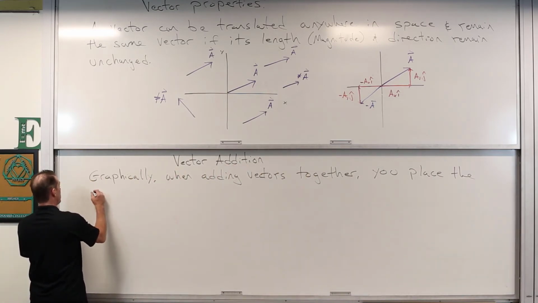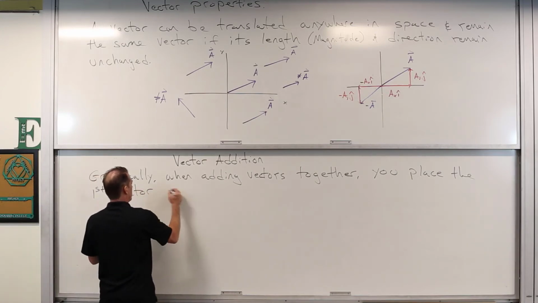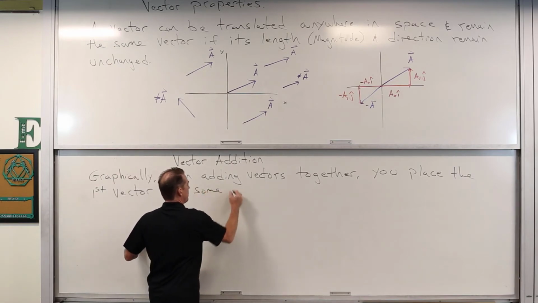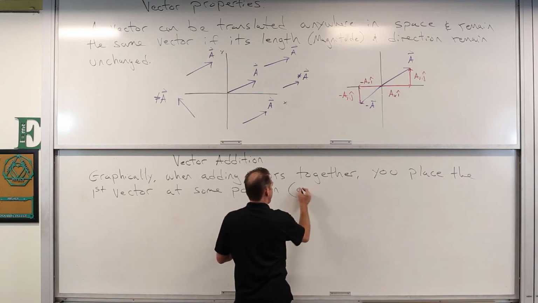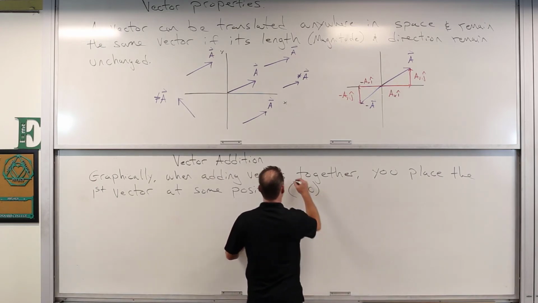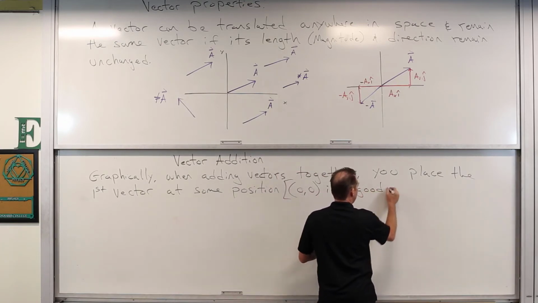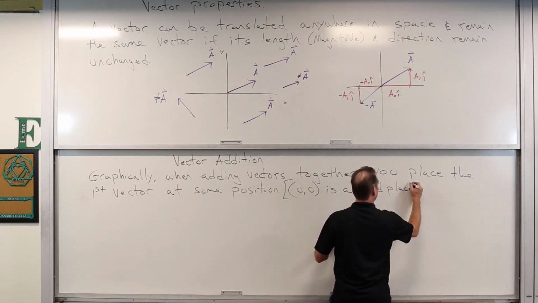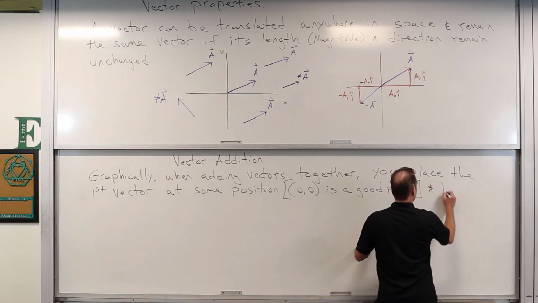Place the first vector at some position. 0, 0 is a good place. Not necessary, but it is a good place. Start at the origin.